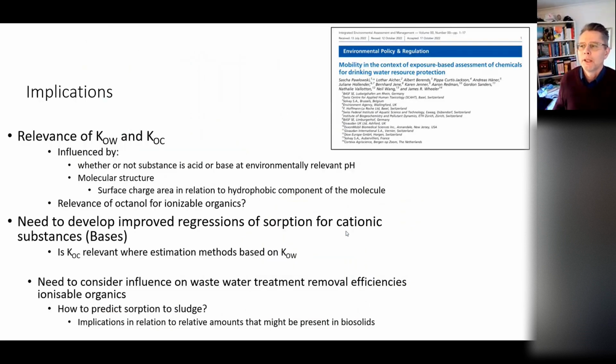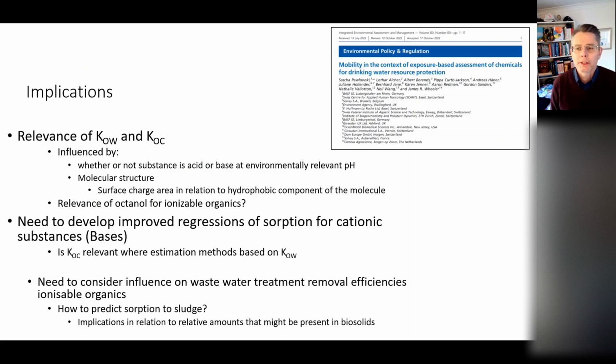The implications relate to our ability to correlate the KOW with KOC, and whether or not KOC is actually the most relevant metric to use in trying to understand the sorption behavior of the chemical. It might be relevant for some of the acids, but I think it really comes into question when we start looking at cations, which have a pKa within an environmentally relevant pH.